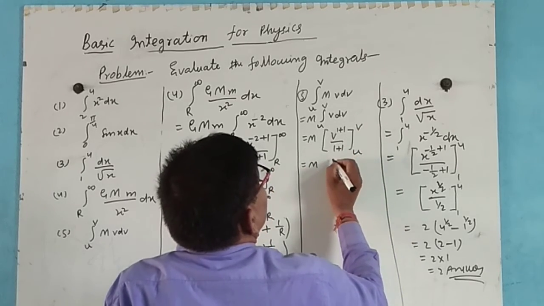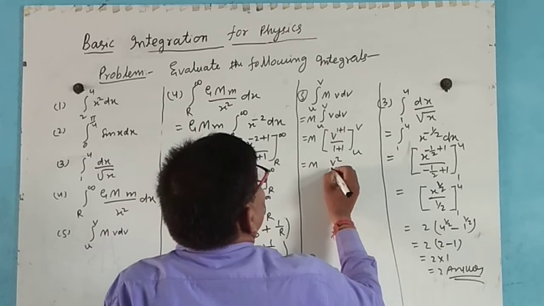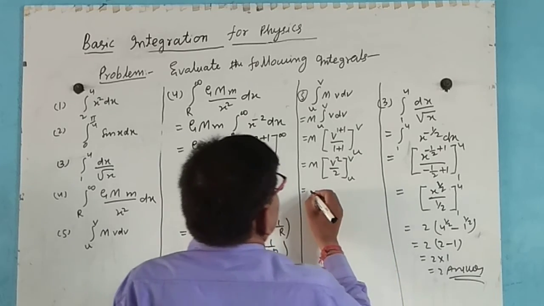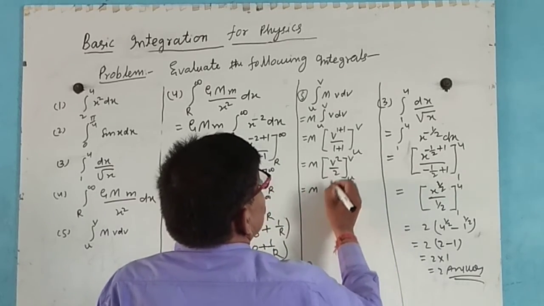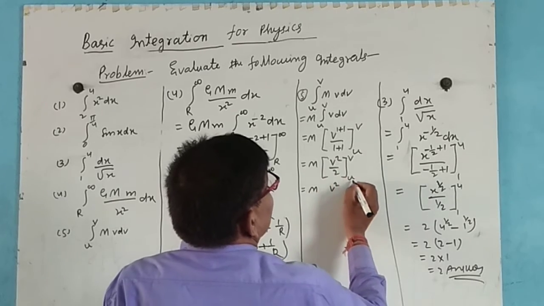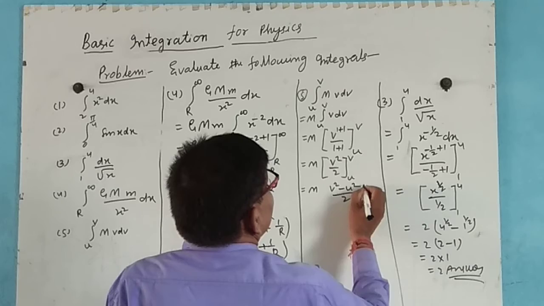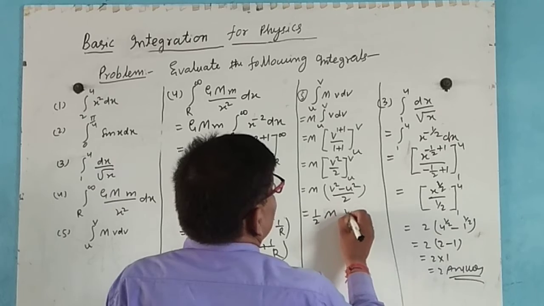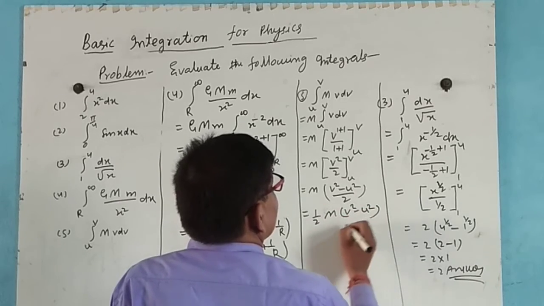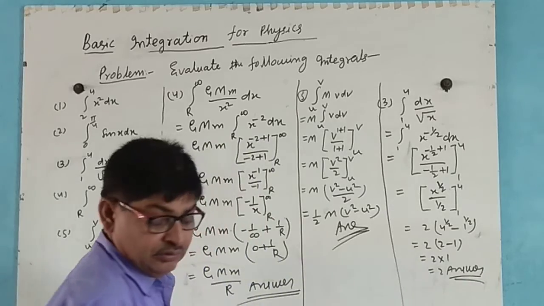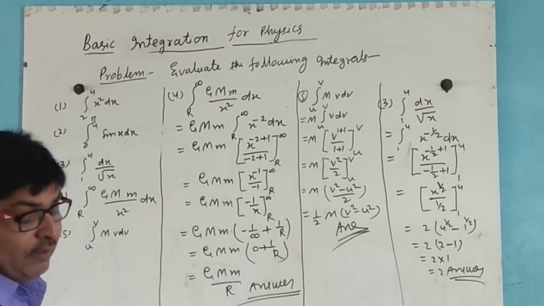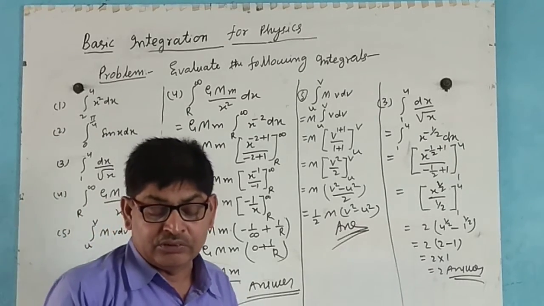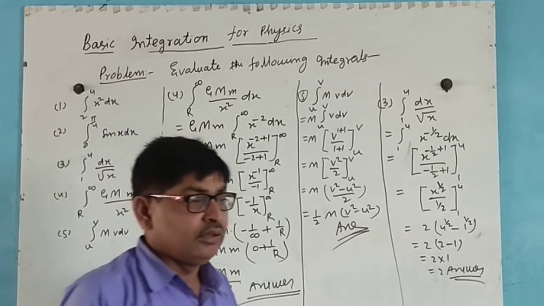Now m times v square by 2, limit u to v. Put this in: m times v square minus u square by 2. This can be written as 1 by 2 m (v square minus u square). This is our answer.